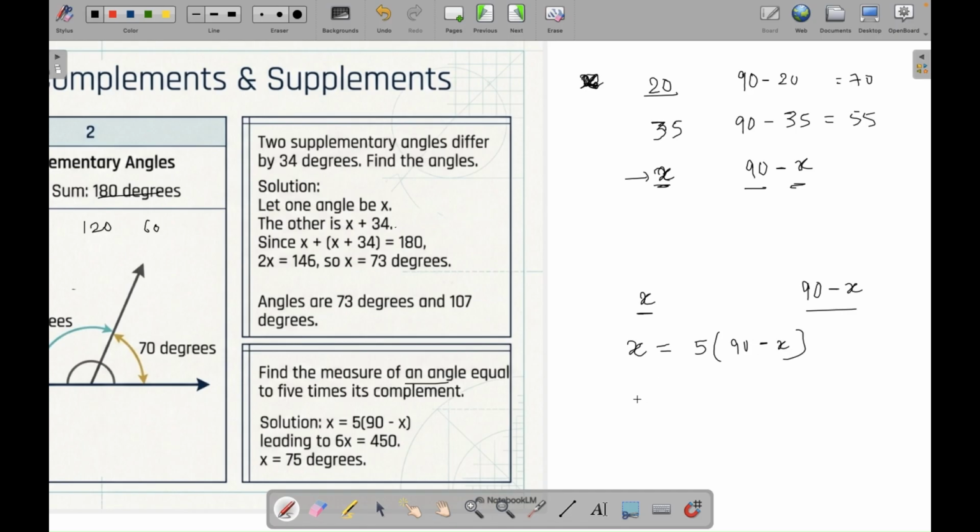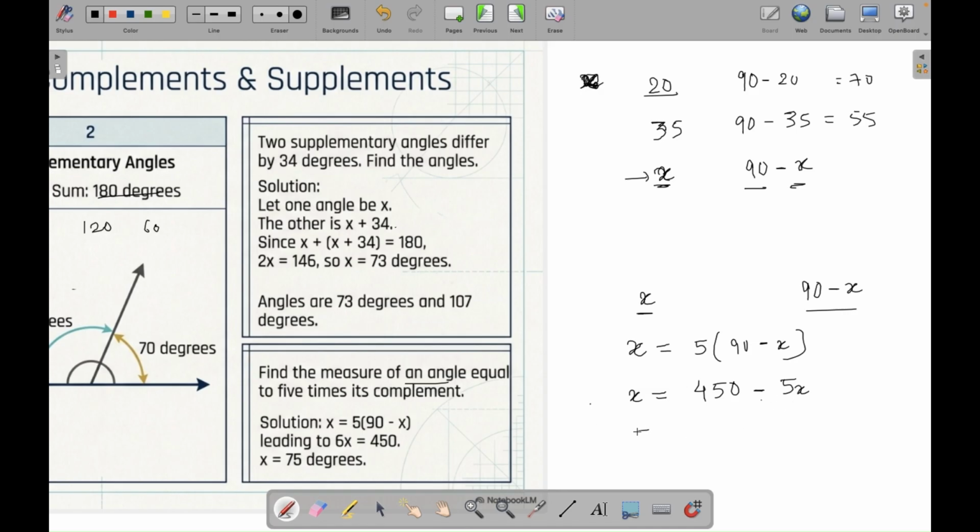And if you solve this, you'll get x is equal to, what is 5 times 90? 5 times 90 is 450. And then what is 5 times x? You'll get minus 5x. Then you can take this minus 5x to the left side.